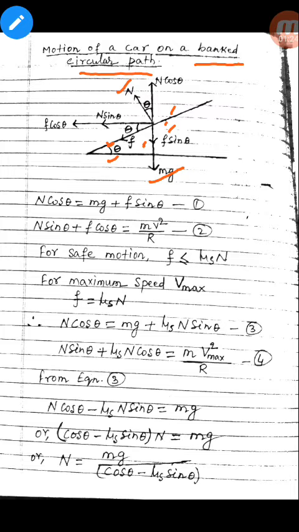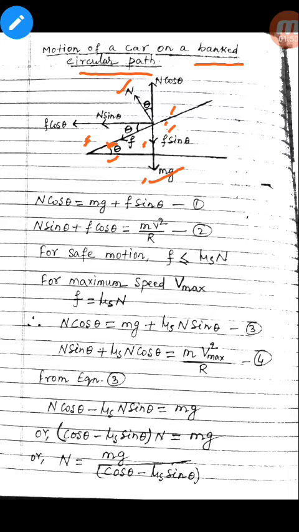Now we can resolve the frictional force, which is along the plane of the slope, into two perpendicular directions, one in the horizontal direction and one in the vertically downward direction.